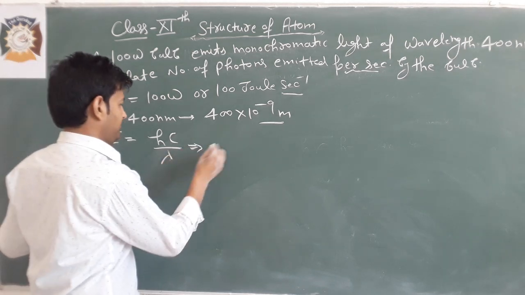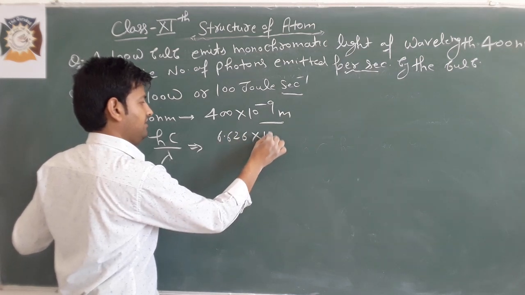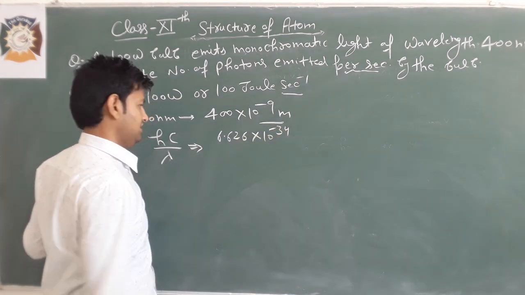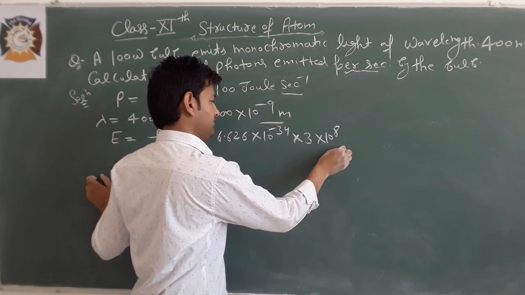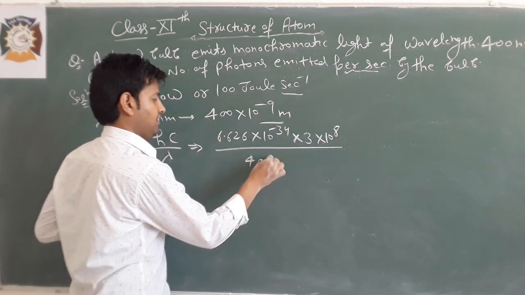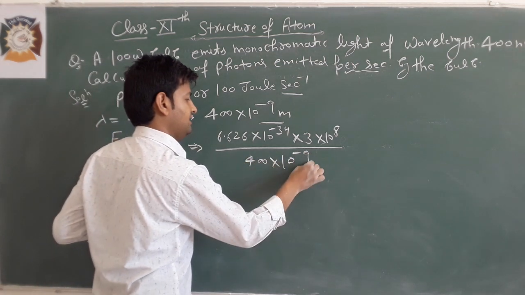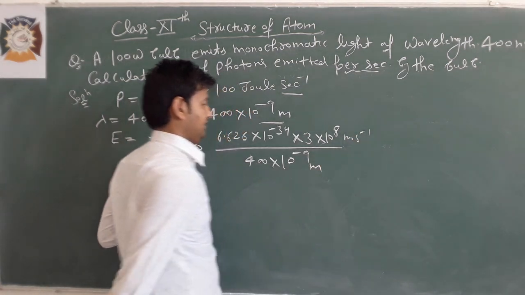Here h is 6.626 into 10 to the power minus 34, the speed of light is 3 into 10 to the power 8 meter per second, and lambda is 400 into 10 to the power minus 9 meter.